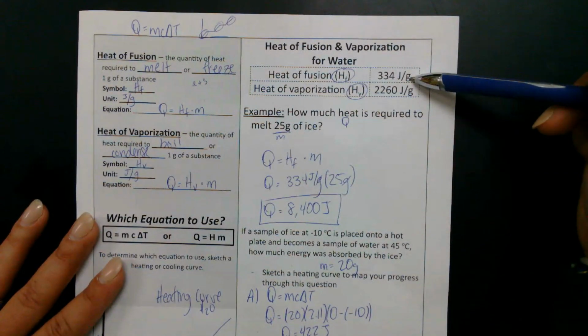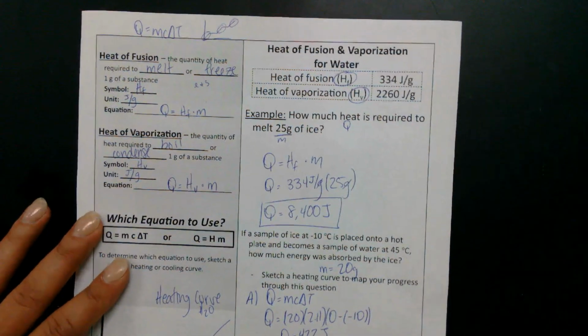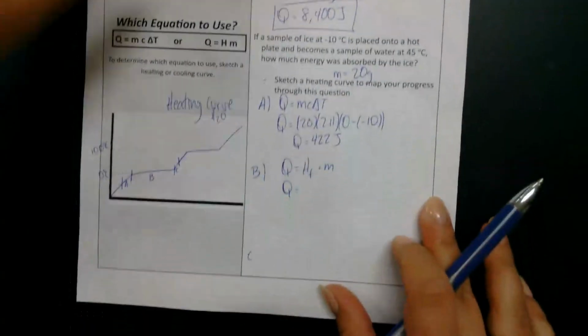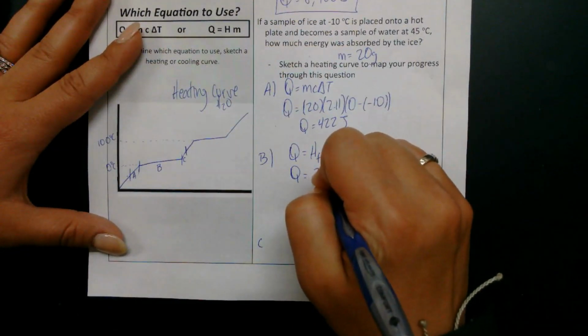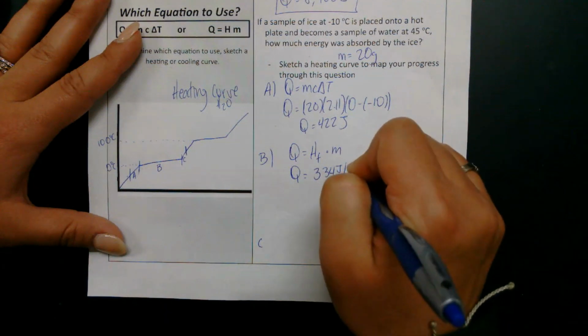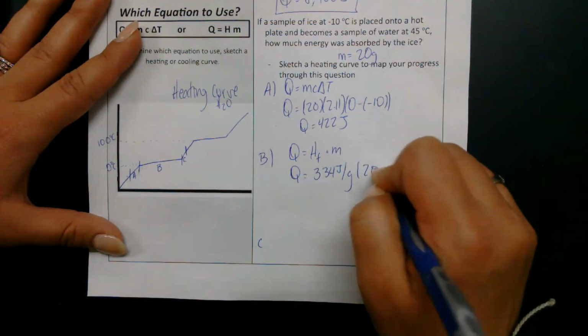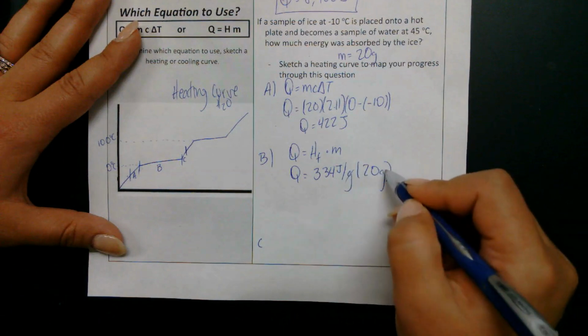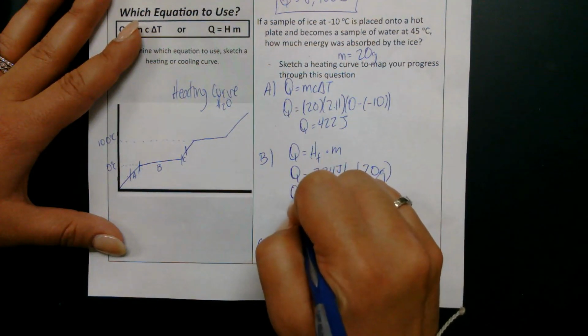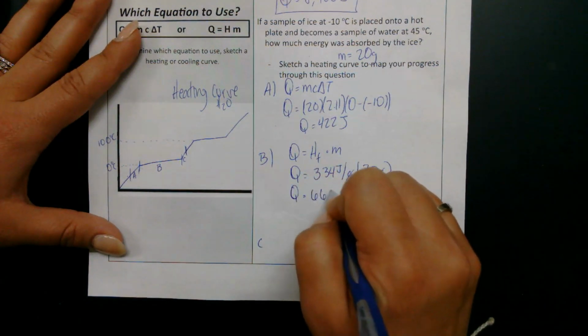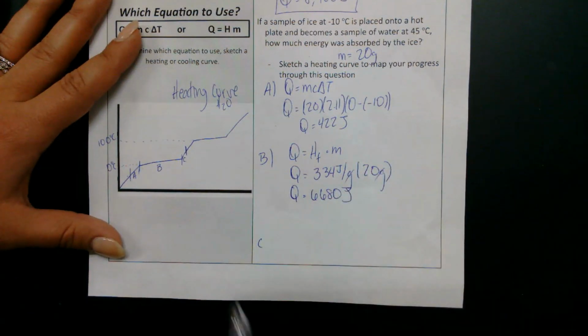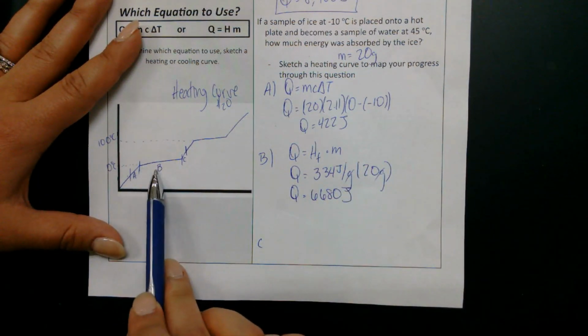And I believe it might be on the backside of your periodic table. And if it's not, you'll be given that value. So 334 joules per gram times the mass of 20 grams. Right? These cancel. So our Q equals 6,680 joules for this section right here, this phase change.